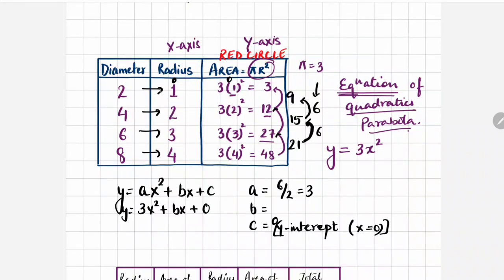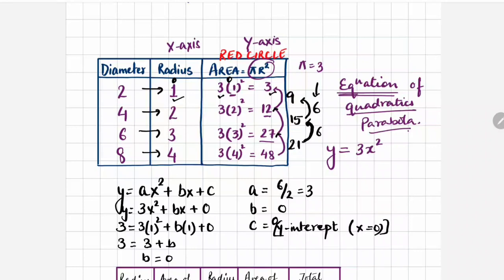So let us suppose we are taking 1 and 3. So if x is 1, y is 3. So we will have 3 is equals to 3 times 1 square plus b times 1 plus 0. 3 is equals to 3 plus b, because the next is 0. So in this case, b is 0.